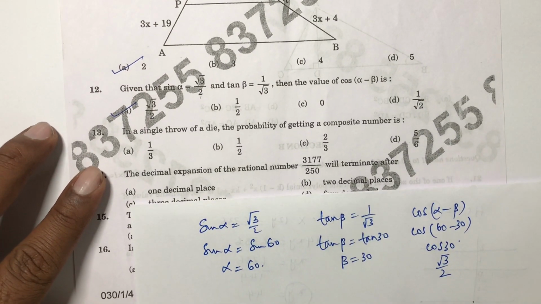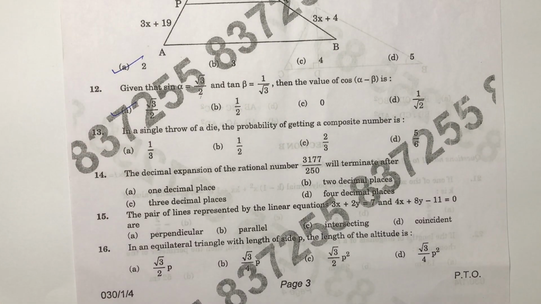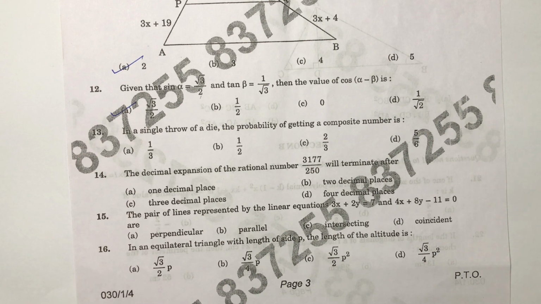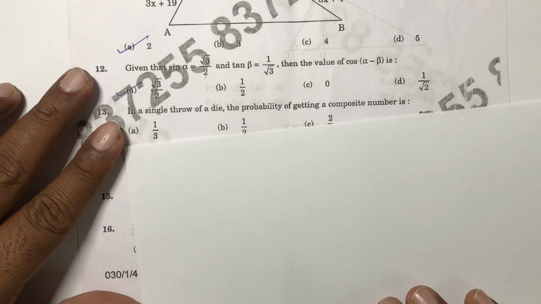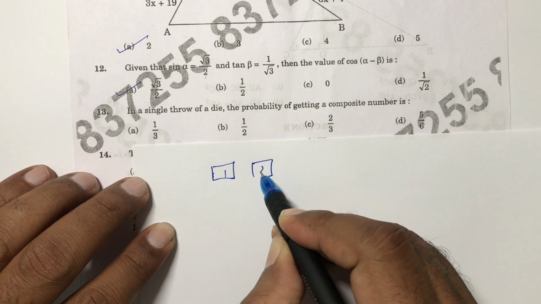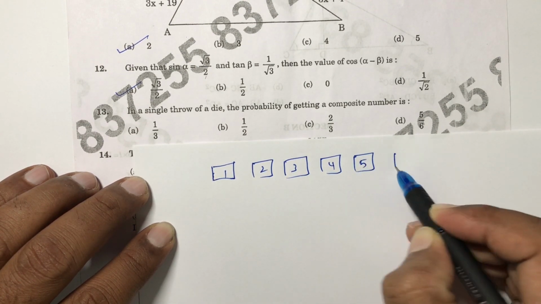Next, in a single throw of a die, the probability of getting a composite number. So if you take a single die, see, in a die you will get outcomes 1, 2, 3, 4, 5, 6.